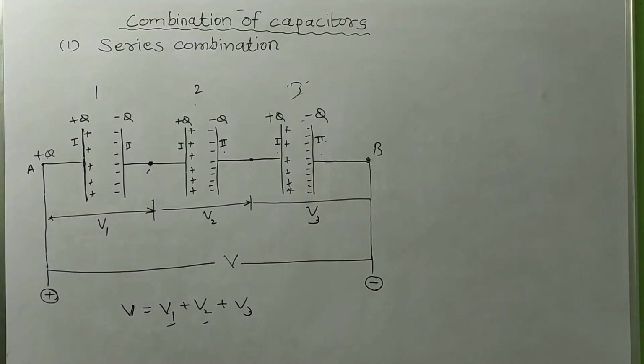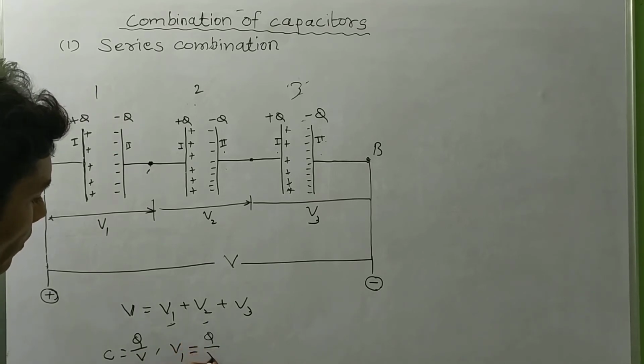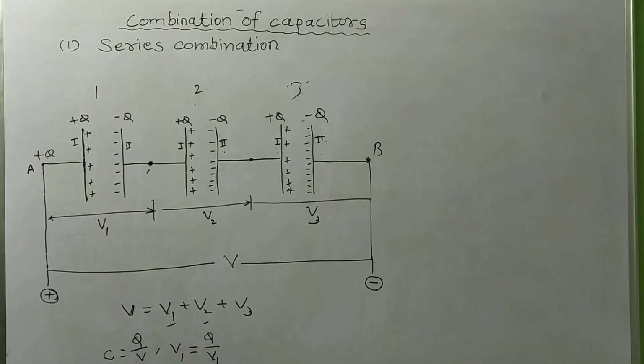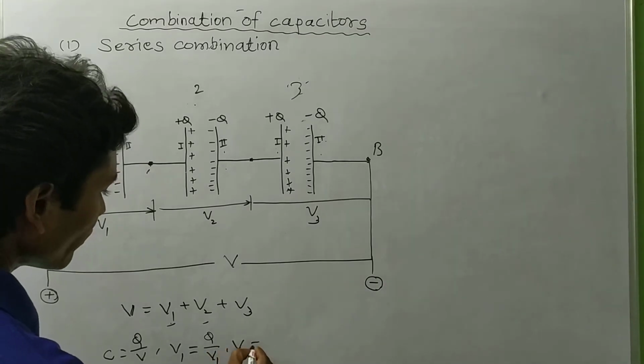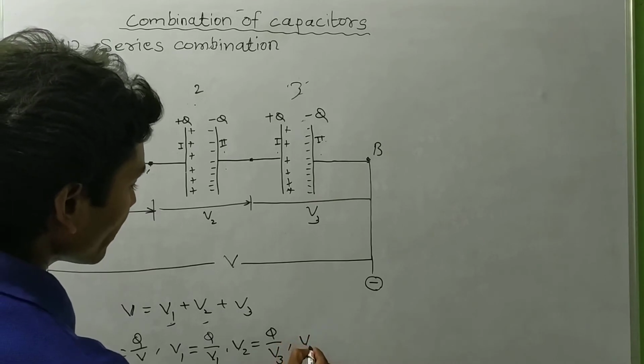Okay, you know C equals Q upon V. This is the formula of capacitance. From this formula, for the first capacitor C1 equals Q upon V1, for the second C2 equals Q upon V2, and for the third C3 equals Q upon V3.